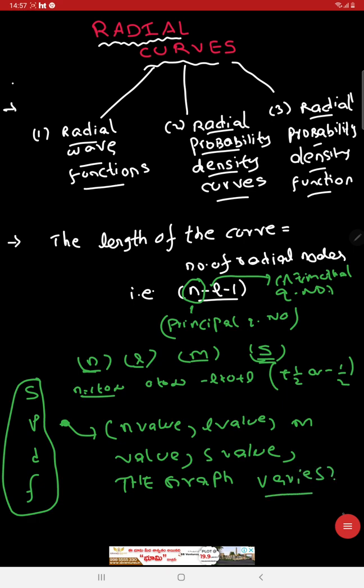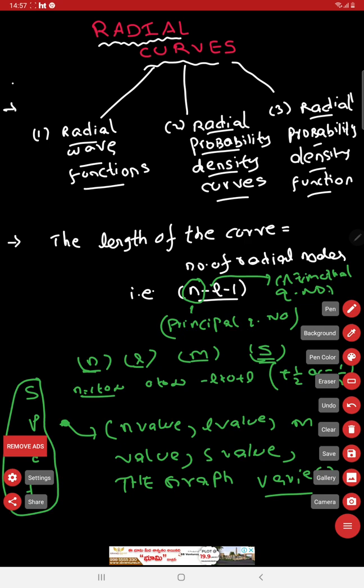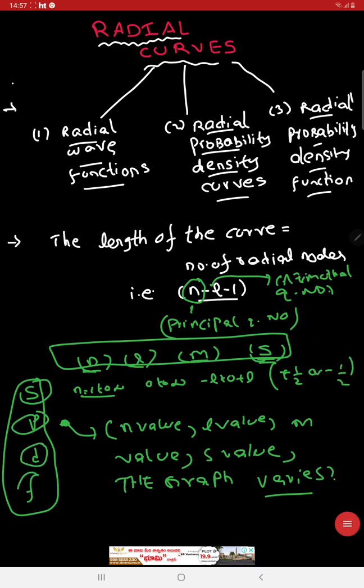So based on n, l, m, s, these are all four quantum numbers, and this is the type of orbital, the sub-energy levels.